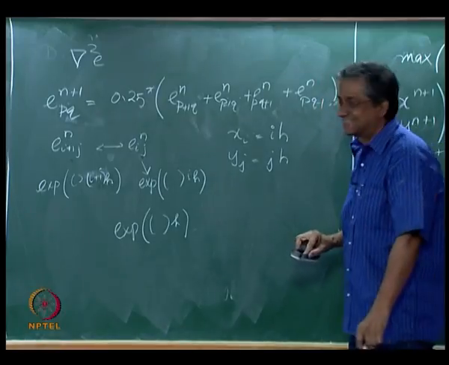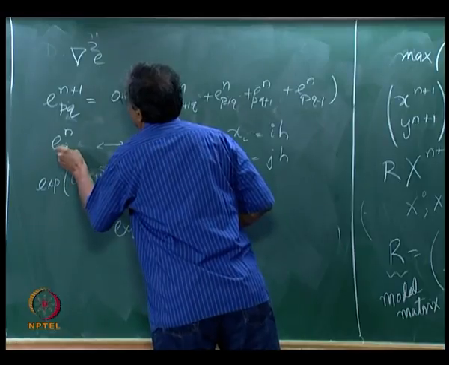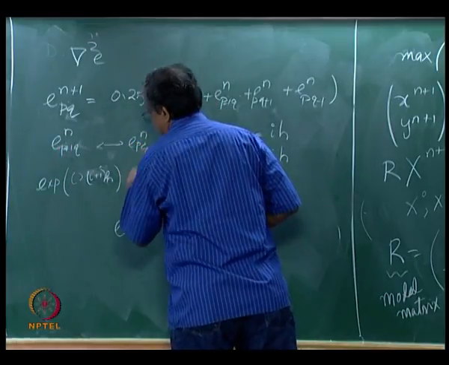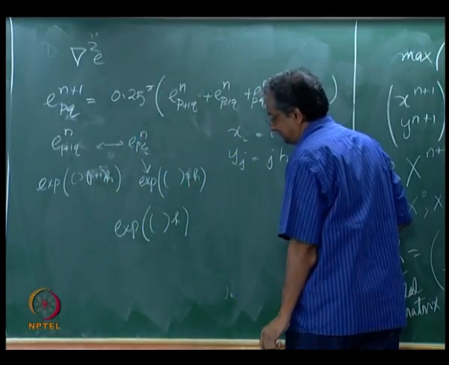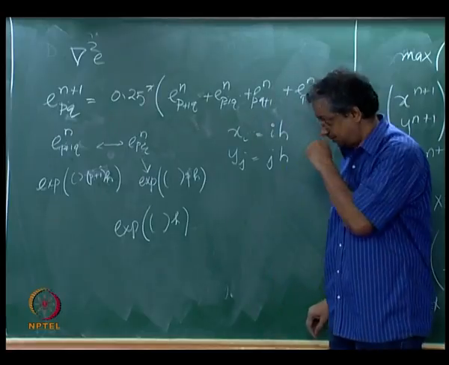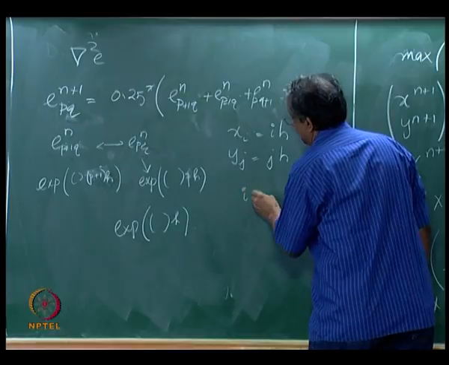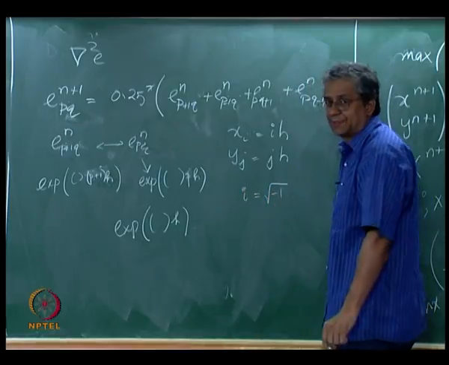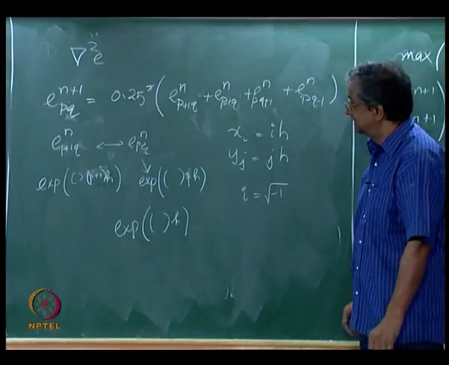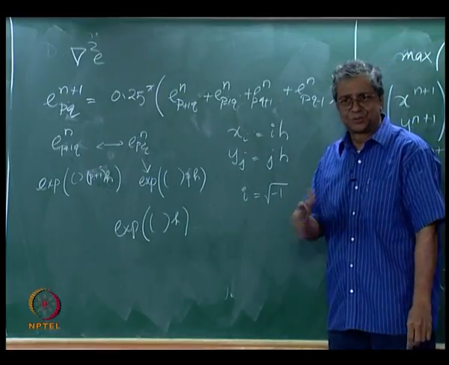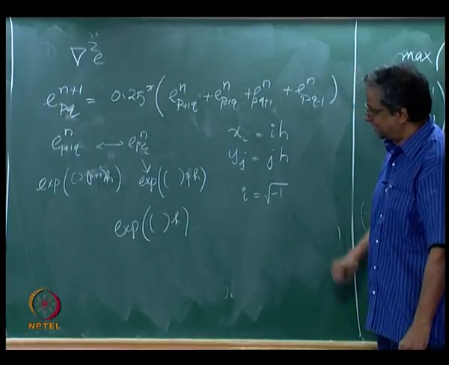You have to be very careful. Right now when I introduce Fourier series, I have decided that i equals square root of minus 1. I could use a different i, but I am likely to forget, so we will just switch the notation. In your electrical sciences you may have used a j instead of an i, but it does not matter, we will stick to i equals square root of minus 1.